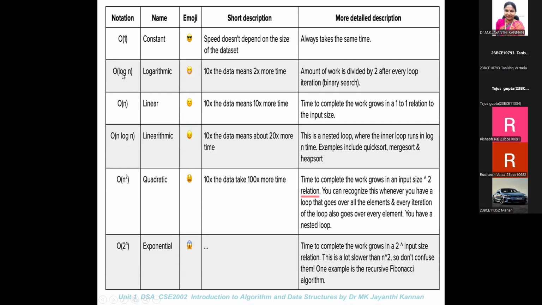Here we are using big O notation: order of log n means the progress is logarithmic, order of n means it progresses linearly, n log n is linear logarithmic, quadratic means squares, and exponential means 2 to the power n.